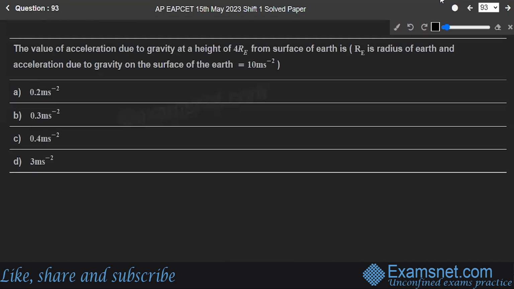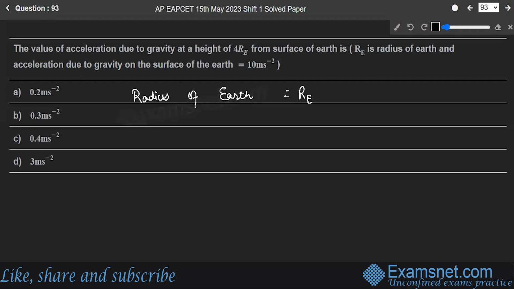Question number 93, the value of acceleration due to gravity at a height of 4 Re from the surface of Earth, where Re is the radius of the Earth, and acceleration due to gravity on the surface of the Earth, g, is 10 meter per second square. Okay, you have to find out the acceleration due to gravity at the height 4Re. So you have Re as the radius of the Earth.